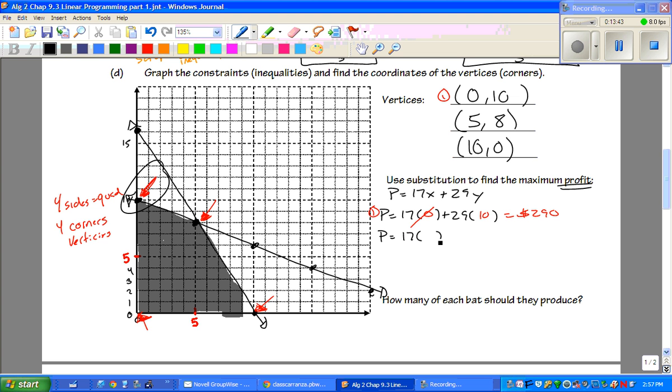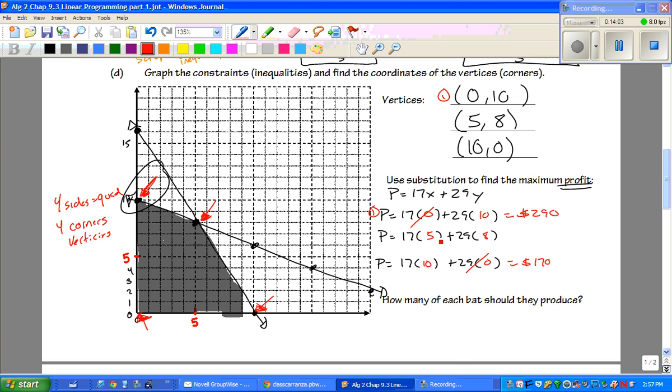Okay, our second one, and then the third one. So you should be plugging in 5 and 8, and then 10 and 0. Oh, well, this one's real easy.